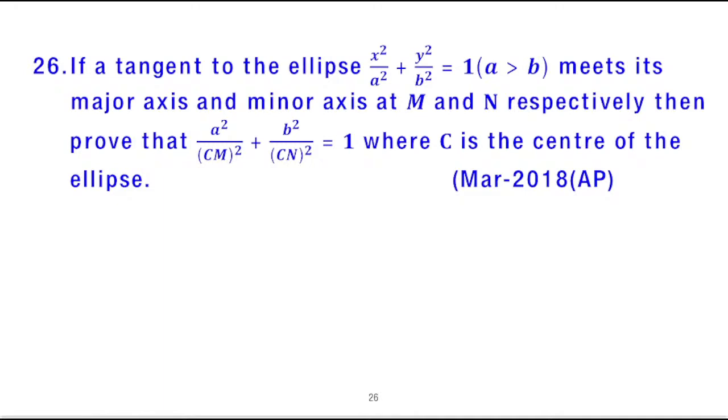If a tangent to the ellipse meets the major and minor axis at m and n respectively, then prove that a square by cm square plus b square by cn square, where c is the center of the ellipse.